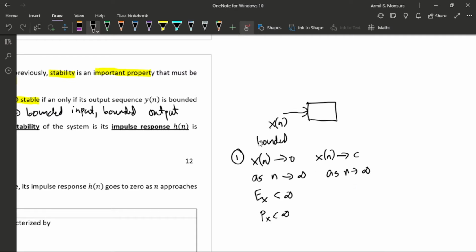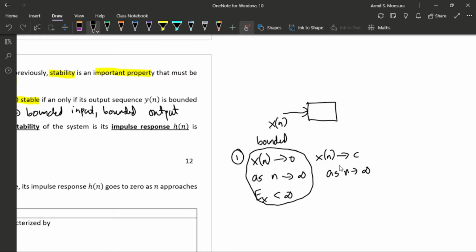Sorry, we got a bit mixed up. When your x[n] approaches 0 as your n approaches infinity, then your x[n], or your input sequence, is an energy signal. So this will be our condition.